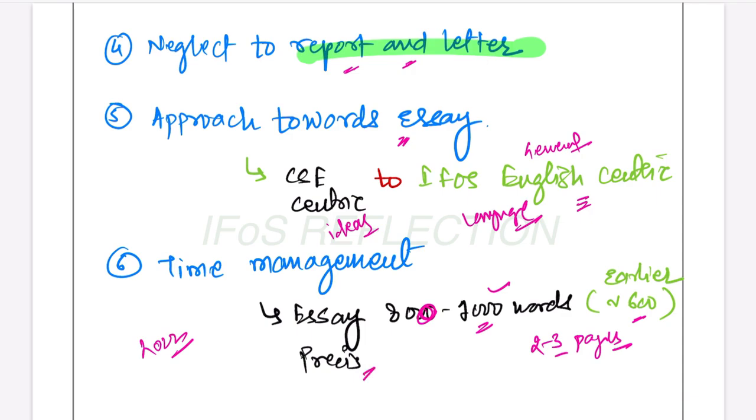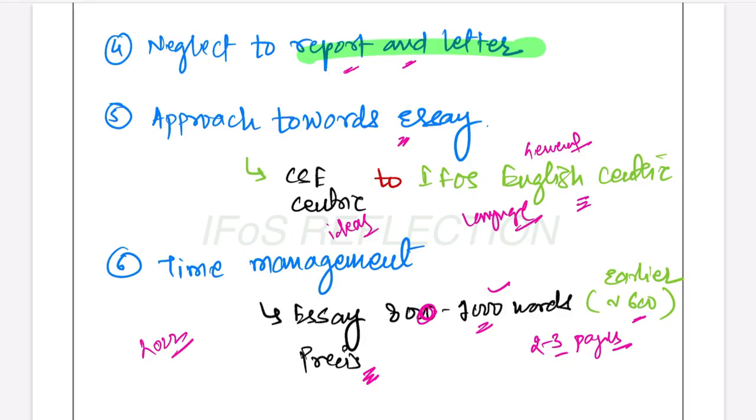Also, précis passages have become a bit longer than they used to be in the era before 2020. So these two have been making a case of unfair time management for some of the candidates who are not well versed or who have not practiced the pattern or the paper beforehand.